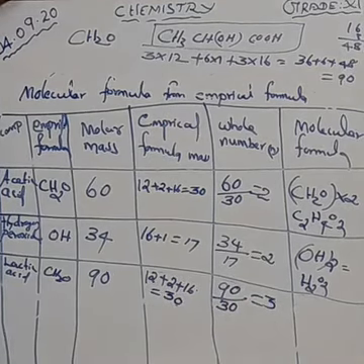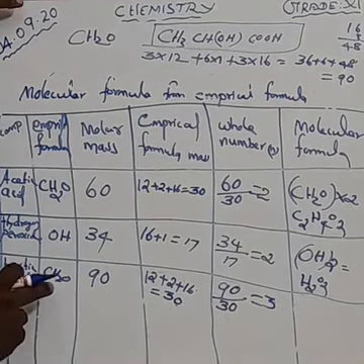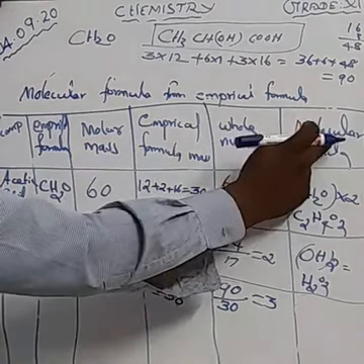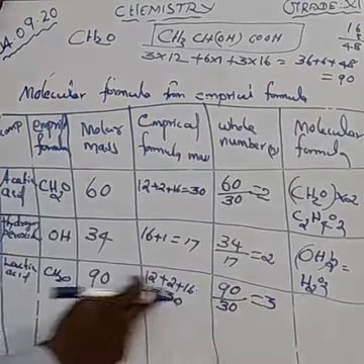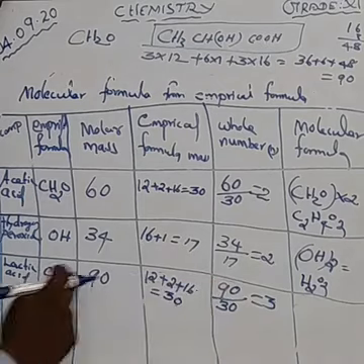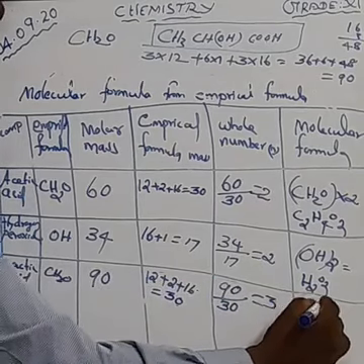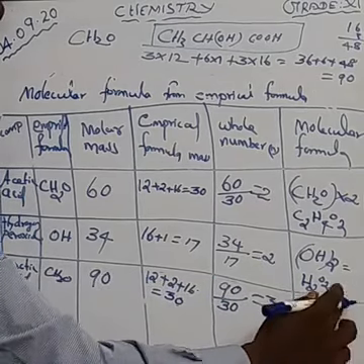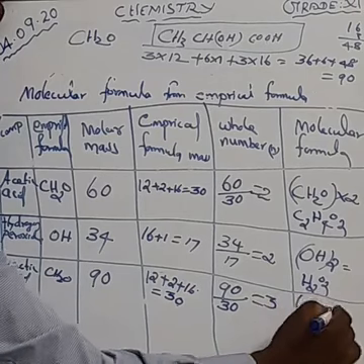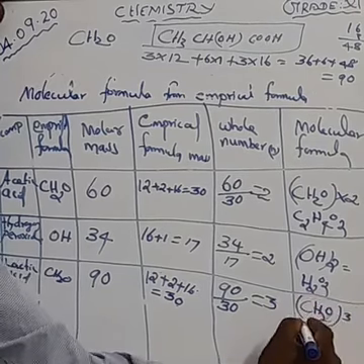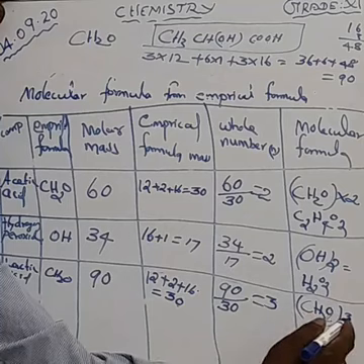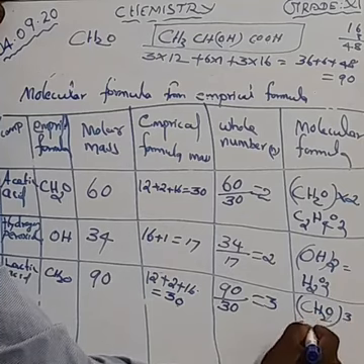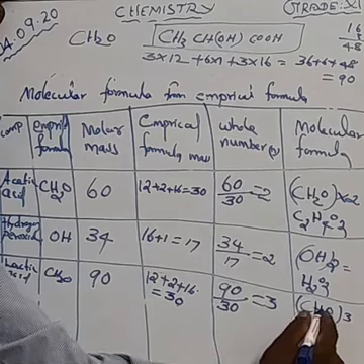Clear? Next one. How will you find out the molecular formula? Here we get 3. So this value into 3, CH2O into 3. So what's the answer? Carbon 3 into C is equal to carbon 3.